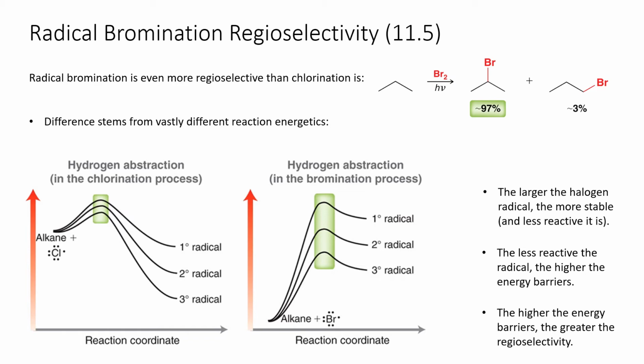So bromination is more regioselective than chlorination. So that is why we get more of the secondary than the primary, because the energy barrier for the primary is much greater. So therefore, bromination is going to be more selective for secondary.